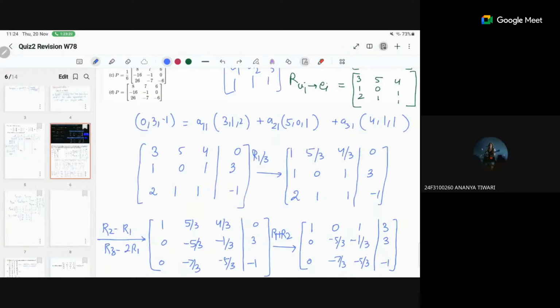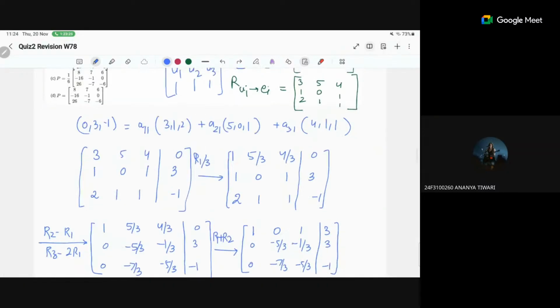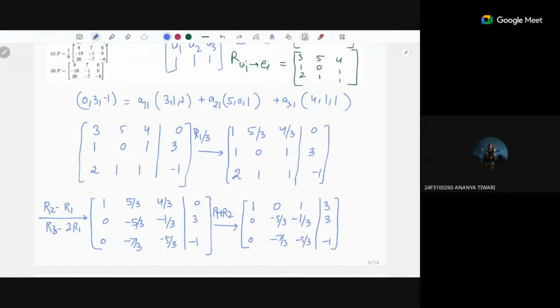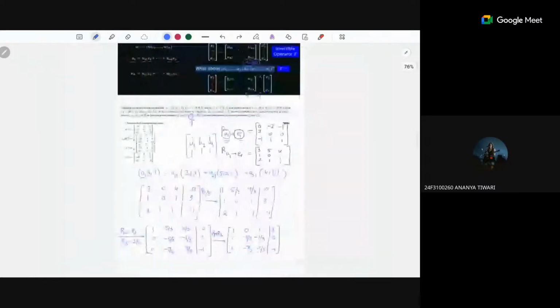So, can you write in one page the formula of changing UI to EI and changing EI to UI?